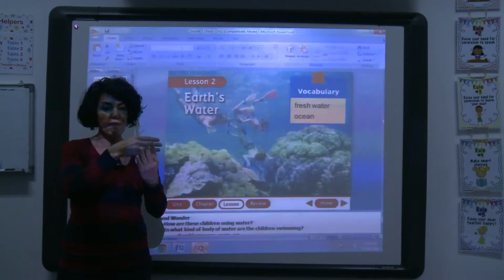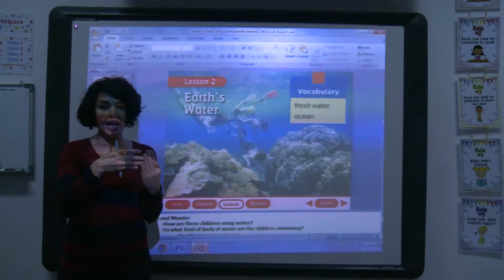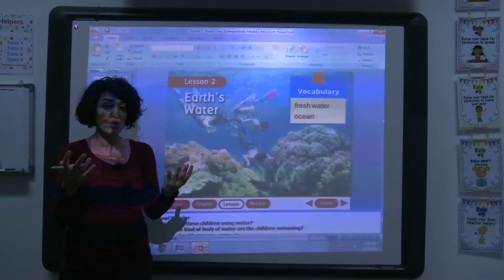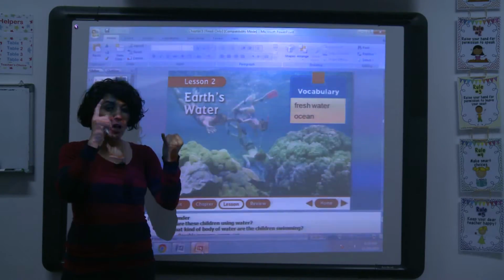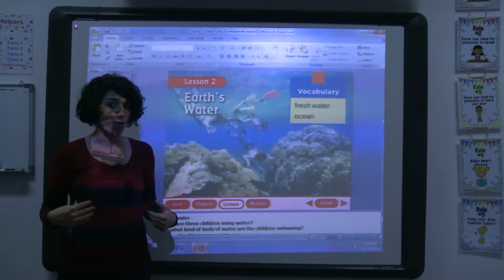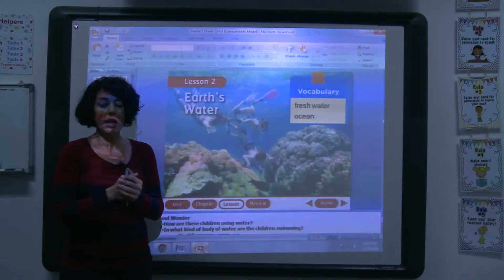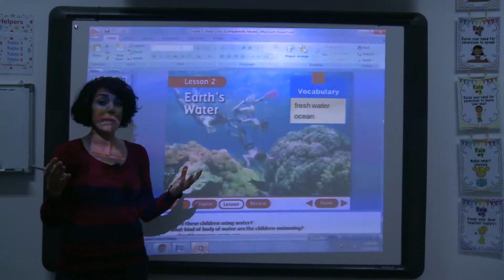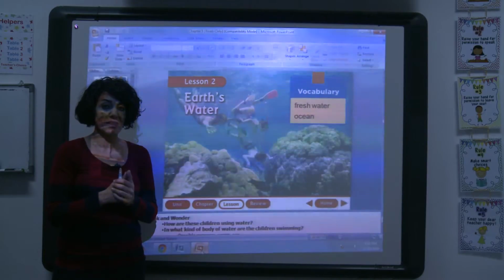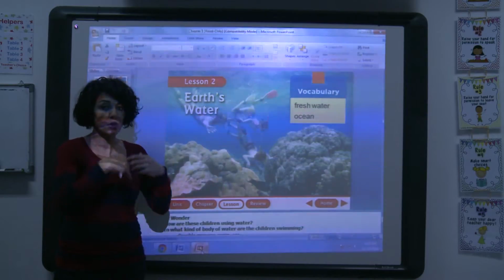All these we can find on earth, and we can benefit from them as humans. Why do we use fresh water? Fresh water is used to clean ourselves, to wash, to bathe, to clean dishes. These are examples. And fresh water is a main need for human beings, animals, and plants. We cannot live without water. Fresh water helps us to survive.